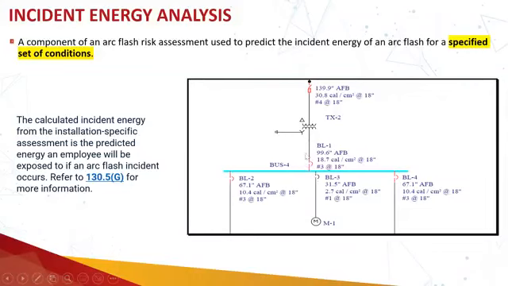If you are operating switchgear at the low voltage side of the transformer, at this particular location the incident energy is 18.7 cal per centimeter square at the working distance of 18 inches, and the arc flash boundary will be 99.6.